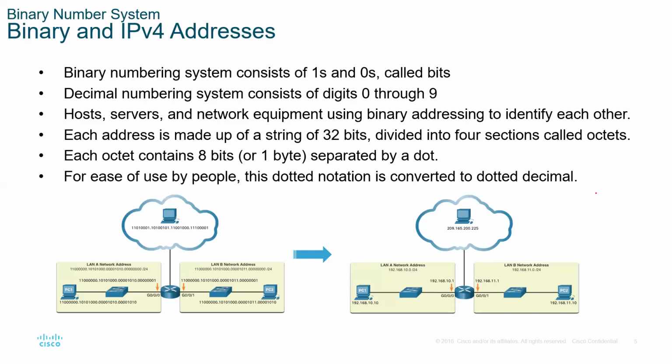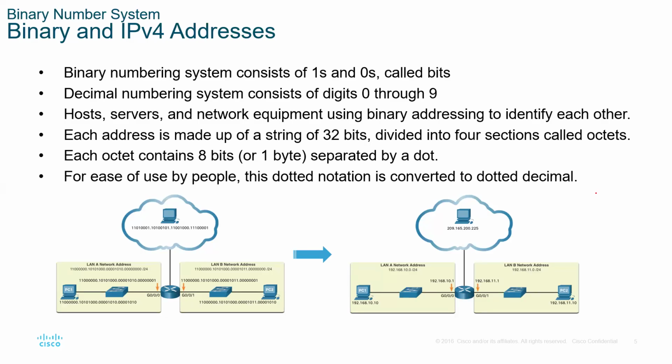So for ease of use, this dotted notation is converted into decimal. The IP addressing that we convert into decimal is just for ease of use. When you see an IP address like 192.168.1.1, it's just for ease of use, but mostly what is being used is binary.